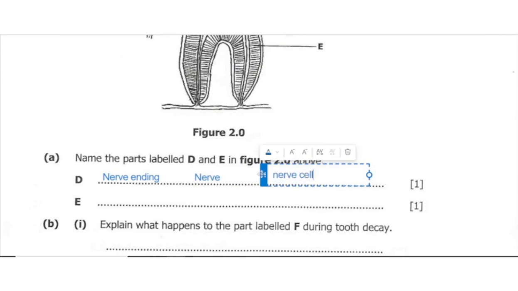So these 3 answers will be accepted: nerve cell, nerve, or nerve ending. Anyone who writes nerve ending, nerve, or nerve cell will get the answer correct. If 3 individuals write these 3 different ways, all of them are going to get a mark for it.